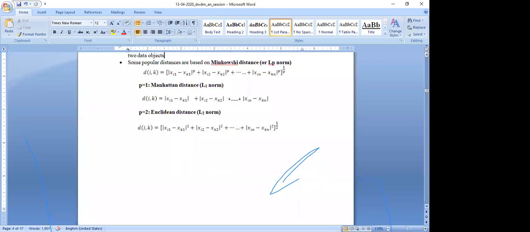When we consider p equal to 1, it is in the form of the L1 norm: the absolute value of x2 minus x1, summed. Next is the Euclidean distance, the square root of the sum of squares. This is your Manhattan distance. For the Manhattan distance, we take p equal to 1, and for the Euclidean distance, we take p equal to 2.